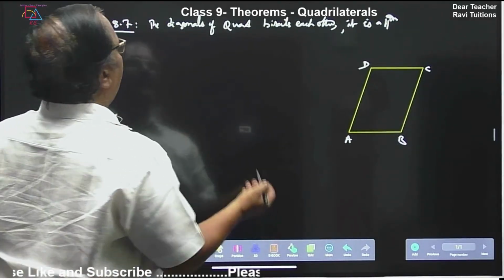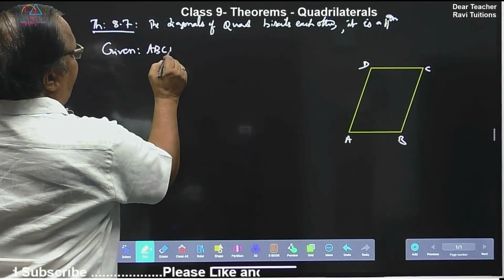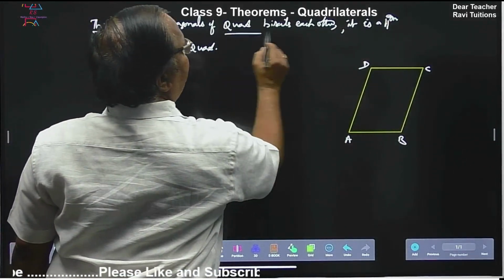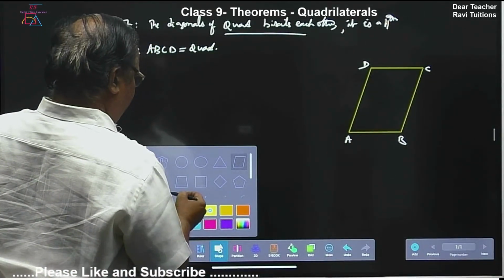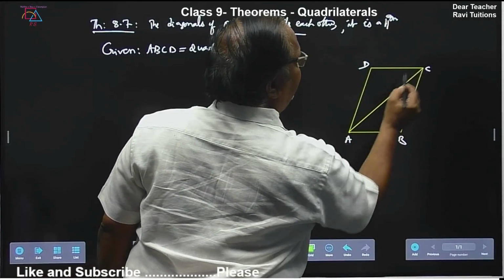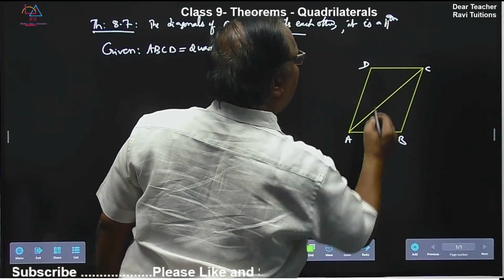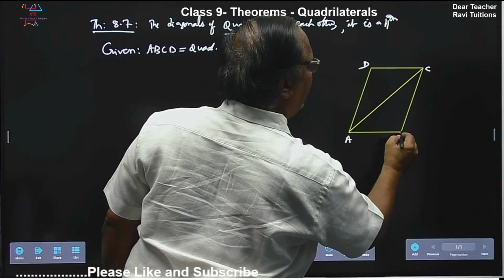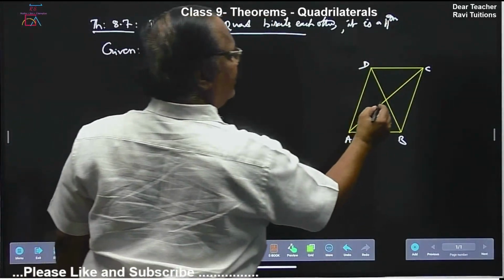Now let us write given: ABCD is a quadrilateral, and the diagonals bisect each other. That means we have to draw the diagonals. These two diagonals are bisecting each other.